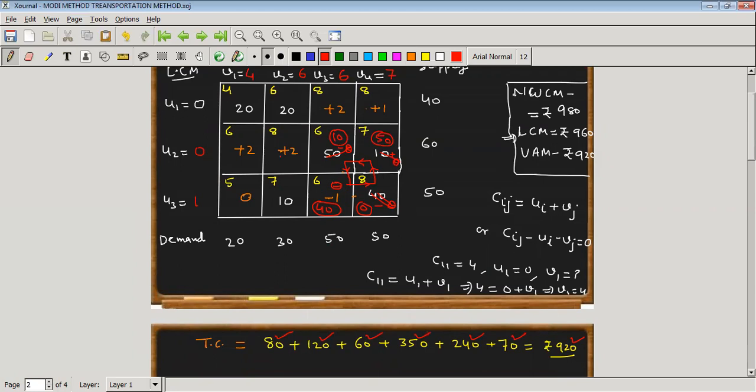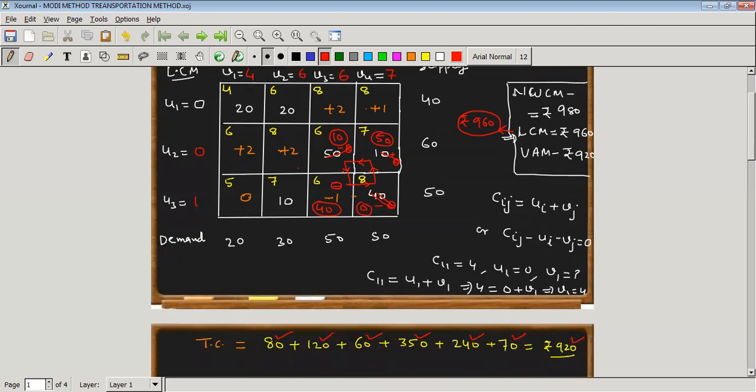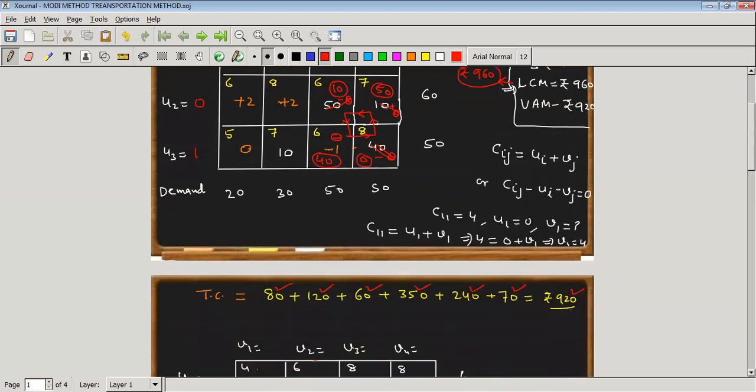In this problem, the transportation cost was rupees 960, because this is the basic feasible solution obtained by least cost method. So the transportation cost was 960, but we reduced the cost to 920.